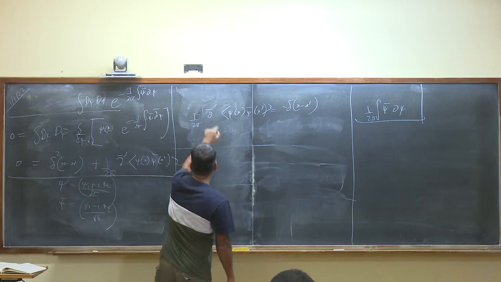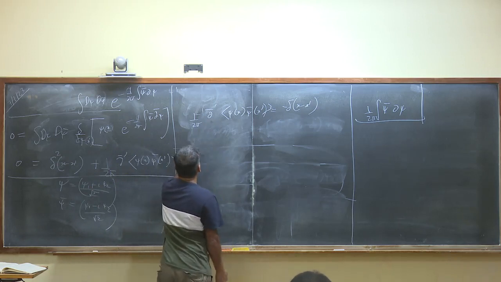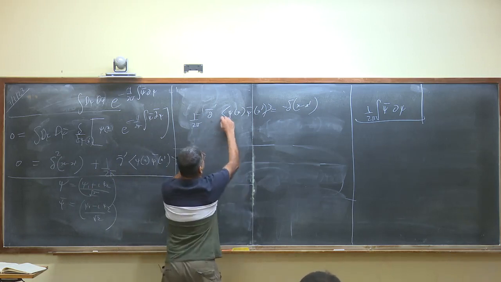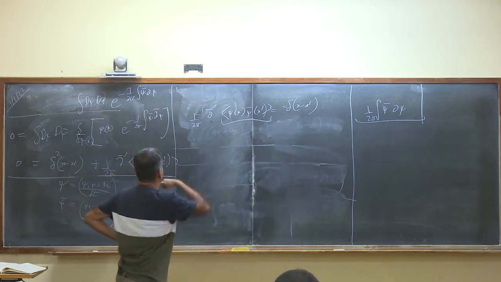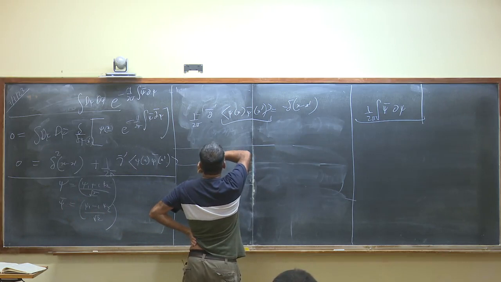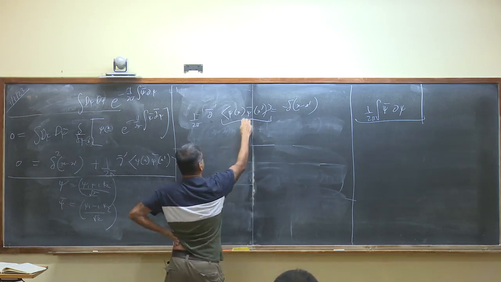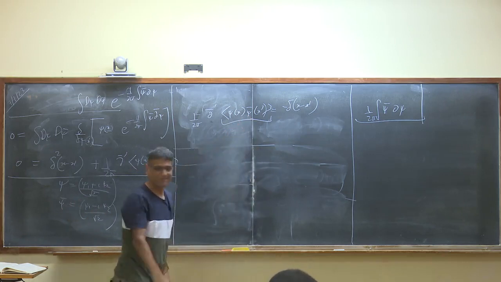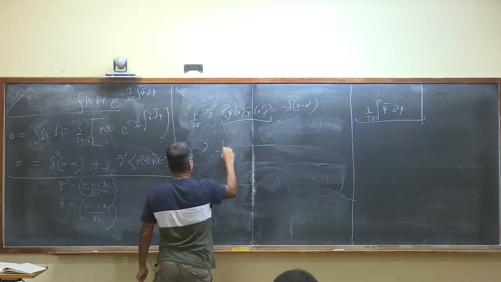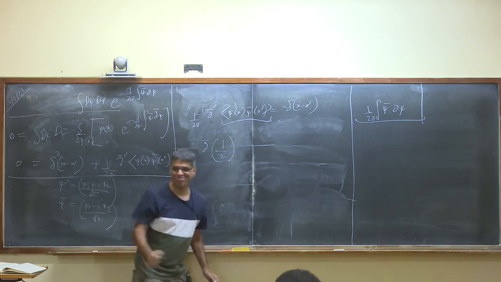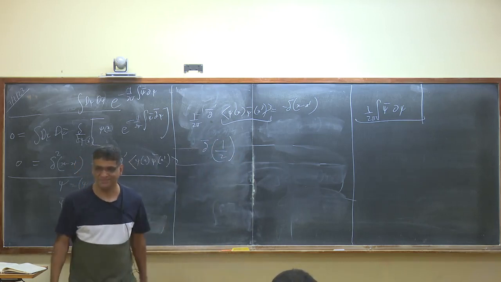Okay, so now I want to know what this must be. Clearly, this then is going to be proportional to 1 over z. As you know, del bar of 1 over z is a delta function.